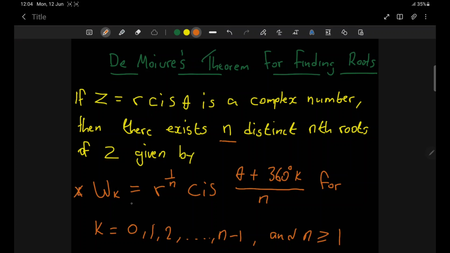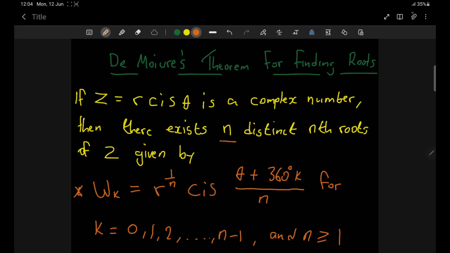We'll have w_k equal to r to the power 1 over n, cis of (theta plus 360 multiplied by k) over n, for k equal to 0, 1, 2, up to n minus 1, for n greater than or equal to 1. So we'll be using this principle for finding the roots of a complex number.